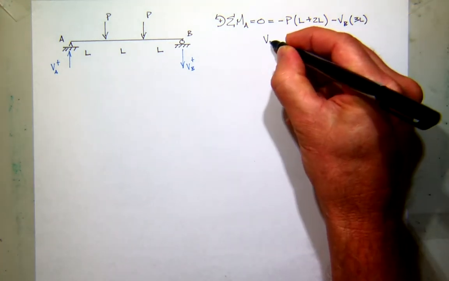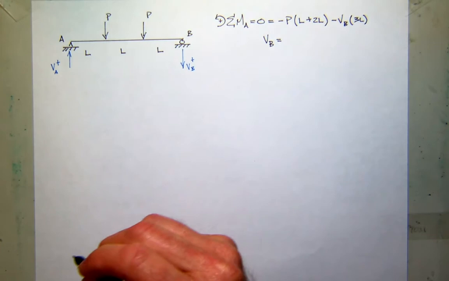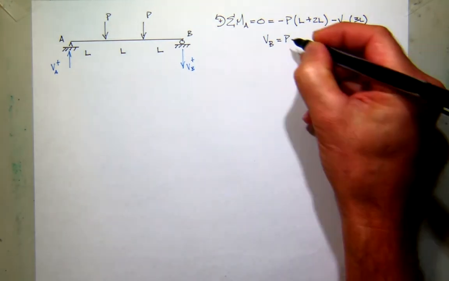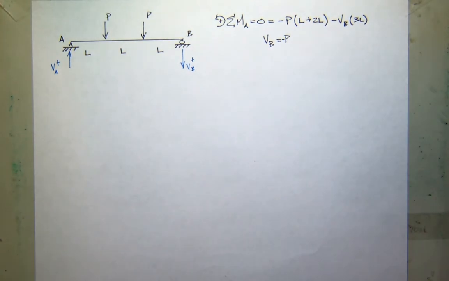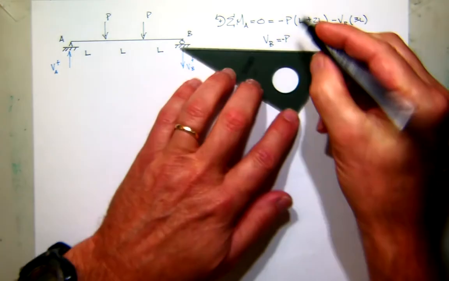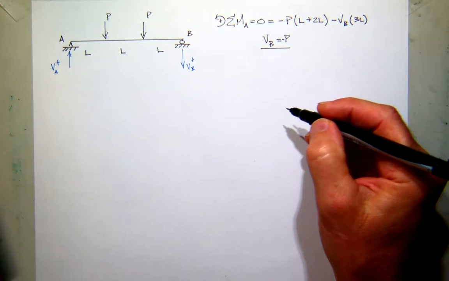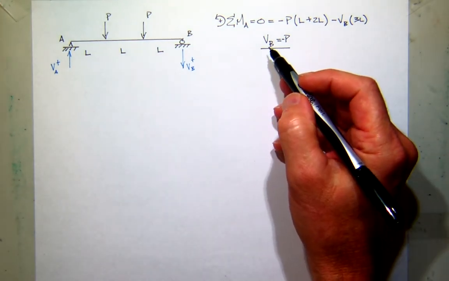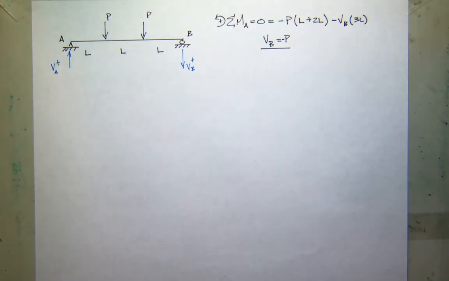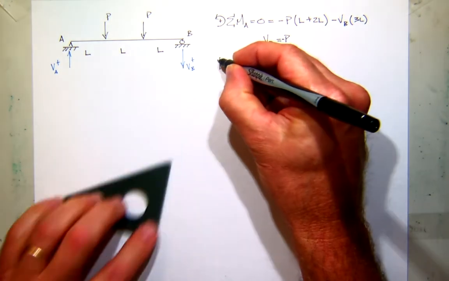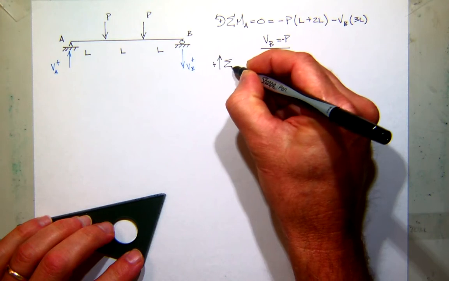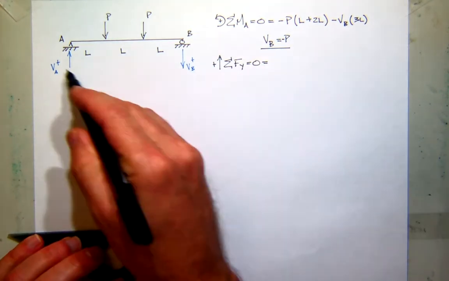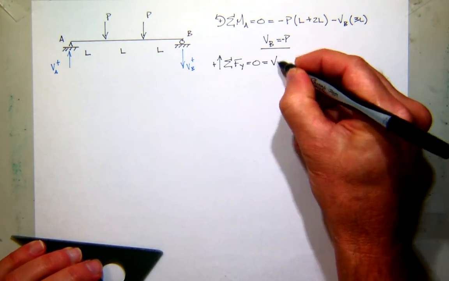So when I solve for the shear at B, what do I get? I get P. Nope, negative P. So what does that mean? It means the shear force is negative at B, with a value of P. We'll hold on to that for right now. Then I'll sum forces in the y direction, and I should get my shear force at A. I've got a shear force at A acting up, and up is positive.